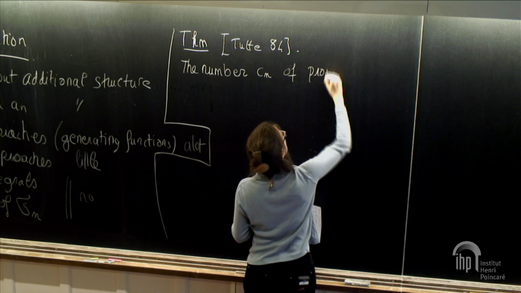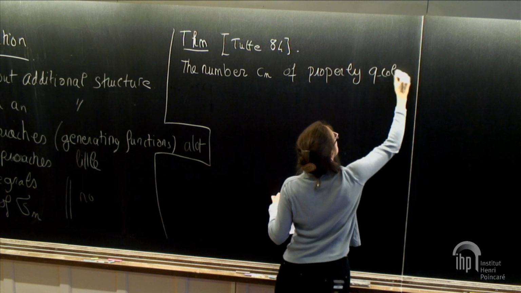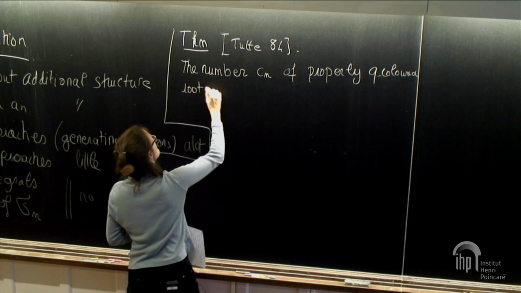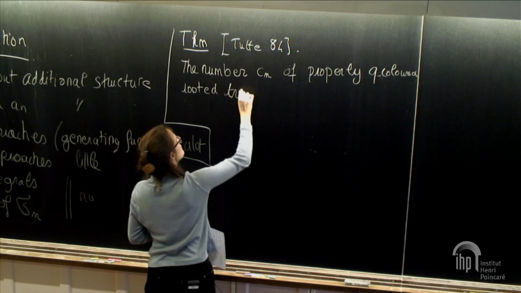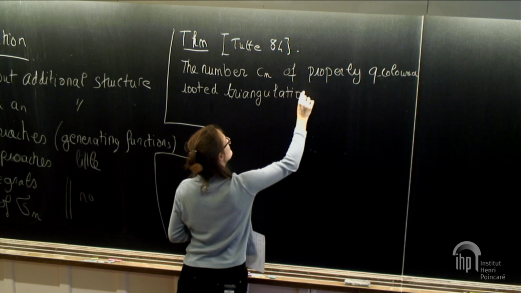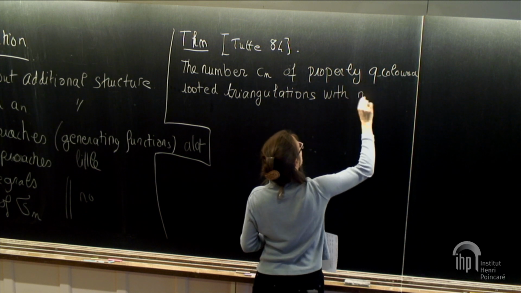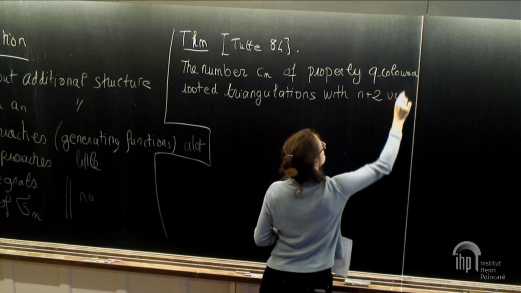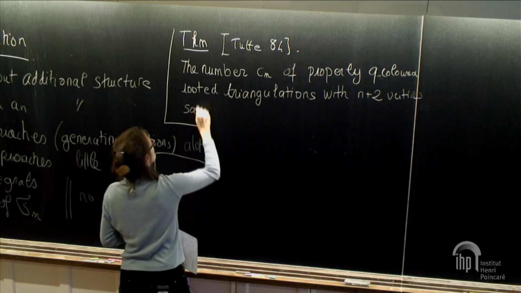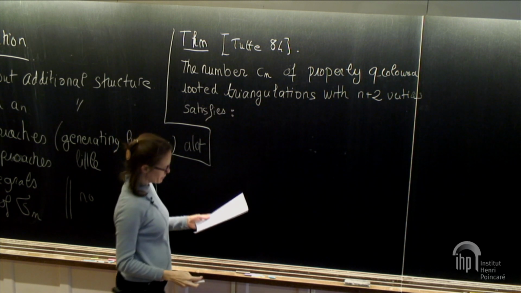of properly Q-colored rooted triangulations with n plus 2 vertices satisfies a certain recurrence relation, which I'm going to copy.